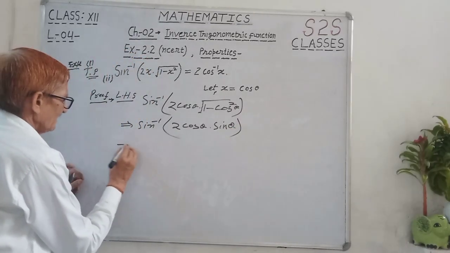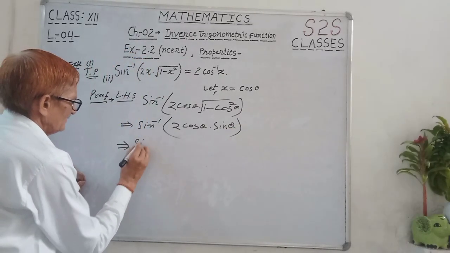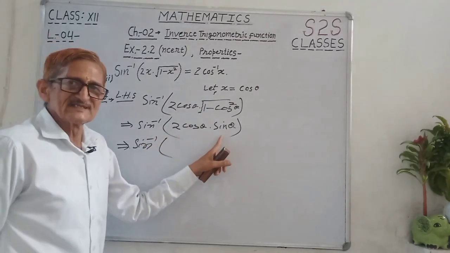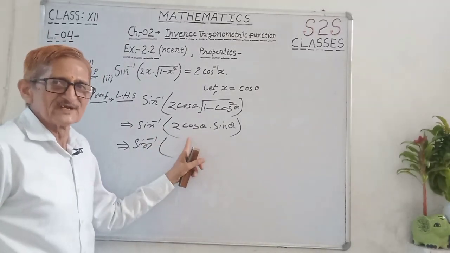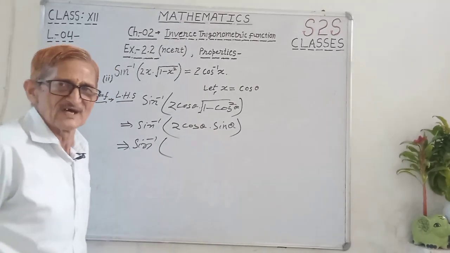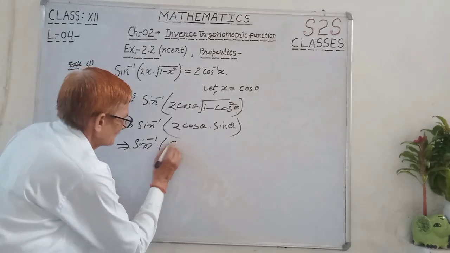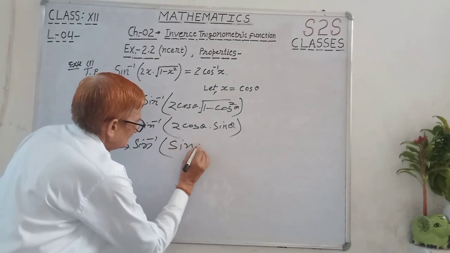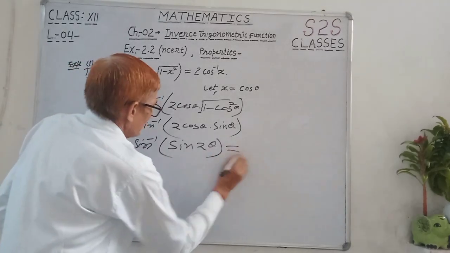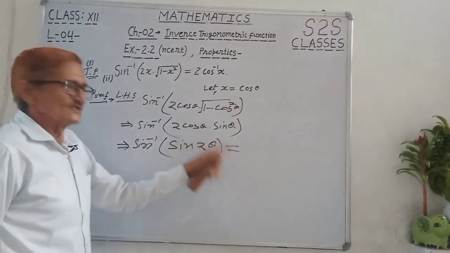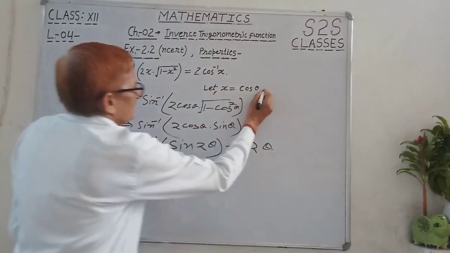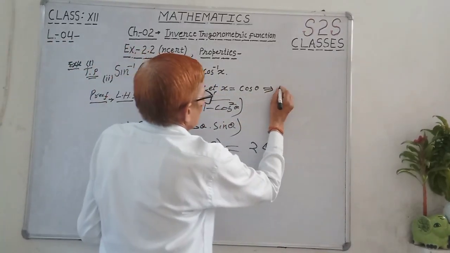Done. Then again, 2 cos theta sin theta or sin theta cos theta, multiplication is commutative. Both are the same, no effect. So it is sin 2 theta. Now this is again a property: sin inverse of sin x is equal to x, so 2 theta. Now what is theta here?